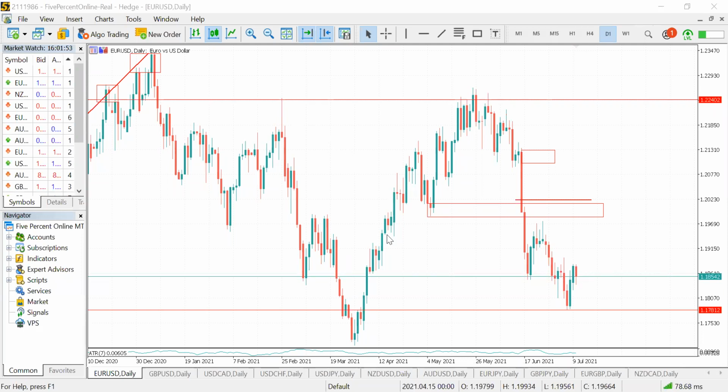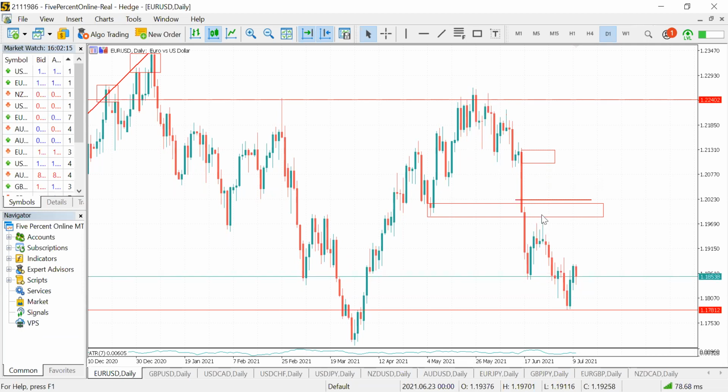Okay, so let's start with the Euro USD, and we have the drawings from last weeks. So we have some job already done here. We had this important pullback, sell-off to the downside.